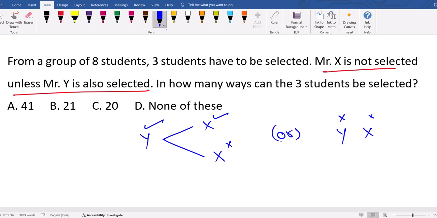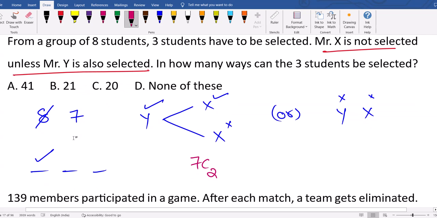Here, the second slot is not booked. Then see, out of 8 people, Y is fixed. Now 7 people are there. Among 3 slots, 1 slot is already booked. Now 7 people, 2 slots. So for this first case, 7C2, which is equal to 21.